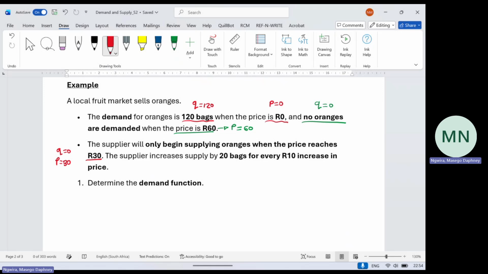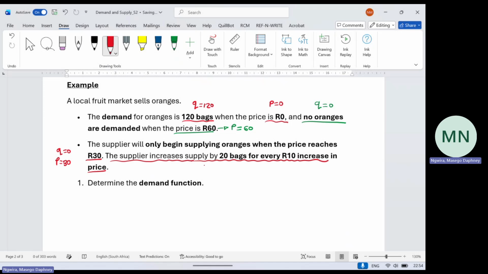And then here the statement says the supplier increases supply by 20 bags for every 10 rand increase in price. So meaning the change in quantity for every change in rand.